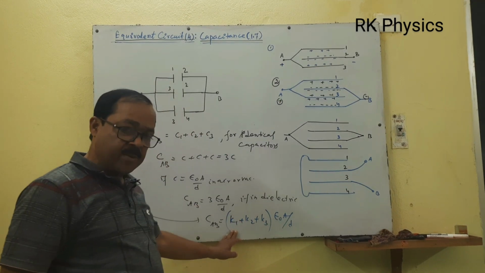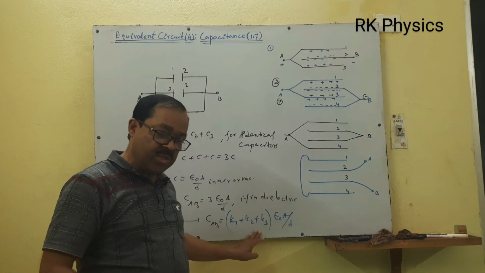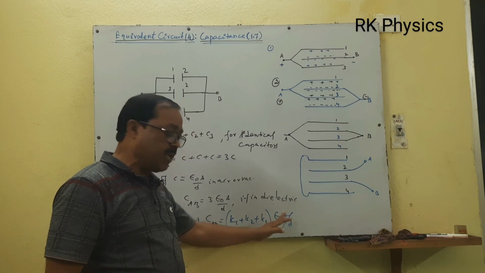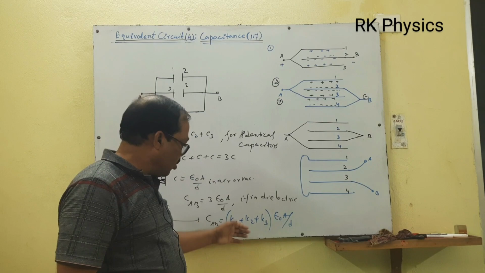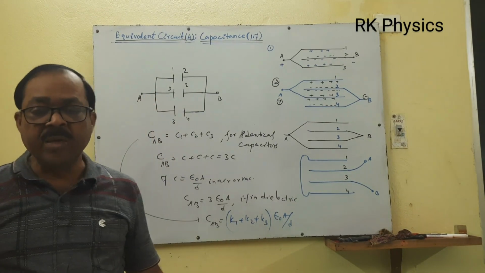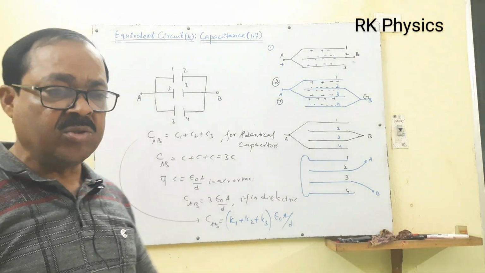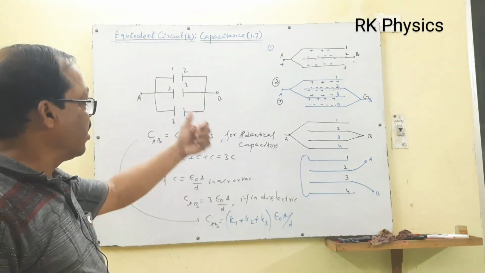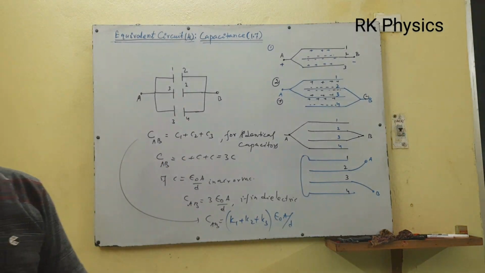Suppose K1 is K, K2 is 2K, K3 is 3K. So you write 3 plus 2 plus 1, that is 6K. So there are a number of possibilities. If all are identical, you can write 3K.